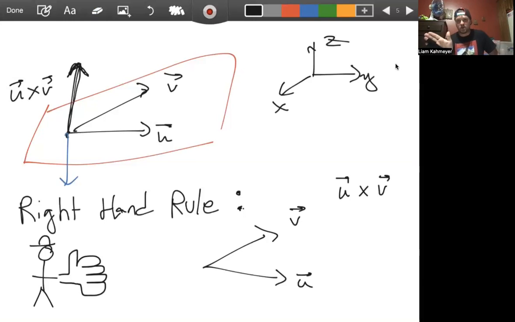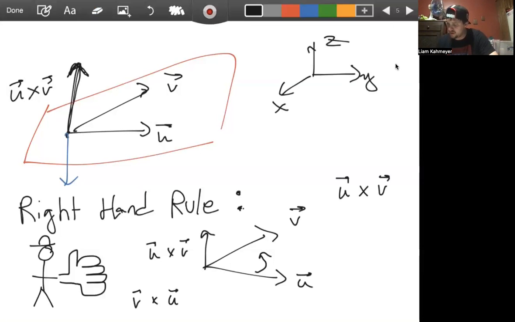And so here's my hand pointing in the direction of u, and then you curl your fingers in the direction of the vector v. And then the direction that your thumb points is the direction of the cross product. So in this example, u cross v would point, quote unquote, up, right? What if we were to take v cross u?